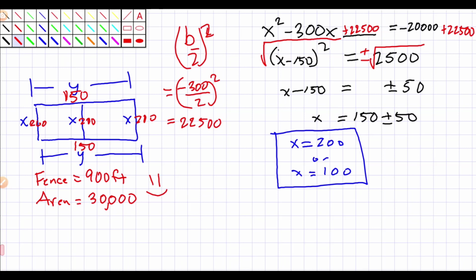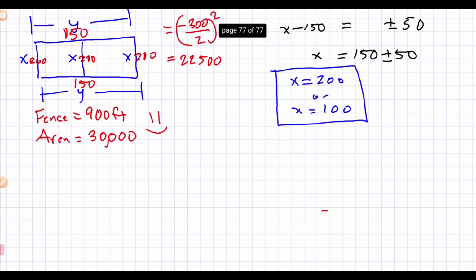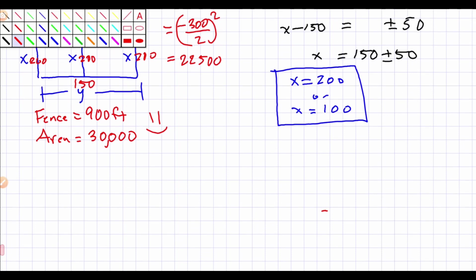Perfect. So it worked for one problem. Let's check the other one. What about when x is 100? So when we go 100, 100, and 100, that leaves me 600.